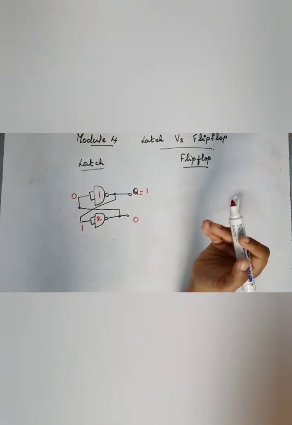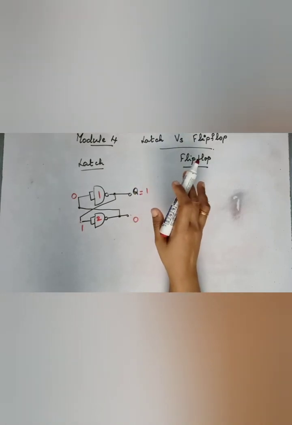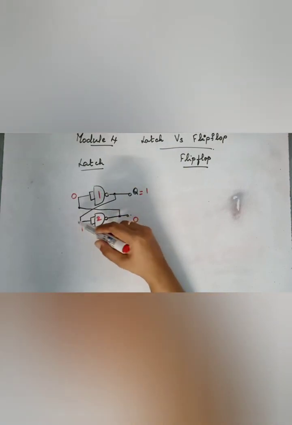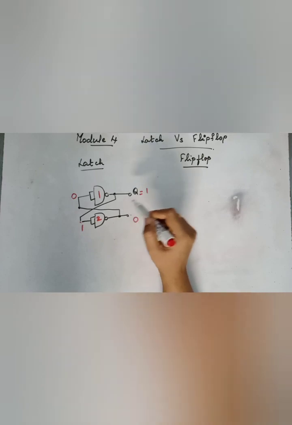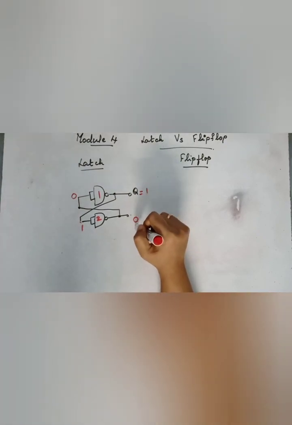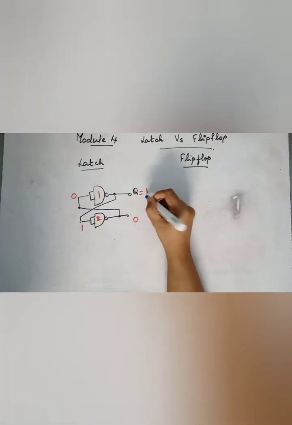So what is happening here? When you are switching on the circuit, the output comes to some voltage, 0 or 1, and that in turn locks the circuit, so that this input will remain at 1 and this output will remain at 1 and this output will remain at 0. Suppose while switching on the circuit, the initial voltage at Q was 0.